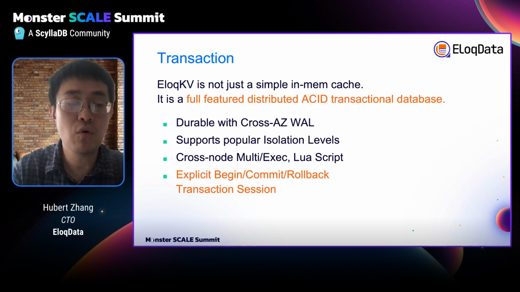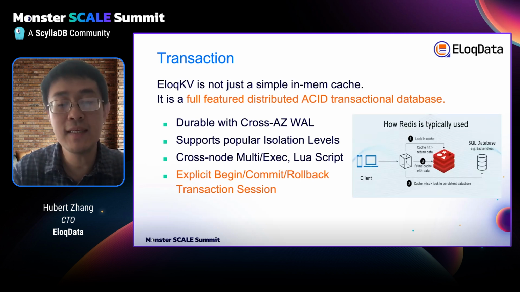It supports cross-node MULTI/EXEC and Lua scripting. Moreover, we also introduce new Redis custom commands to enable explicit begin, commit, rollback semantics, which bring you a similar experience to using SQL.